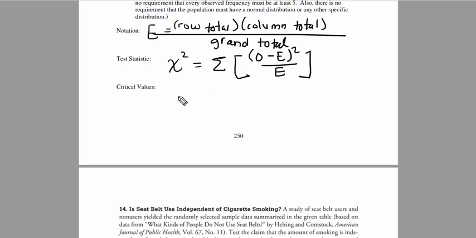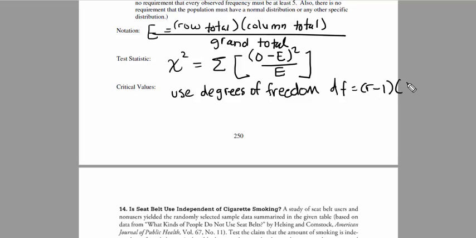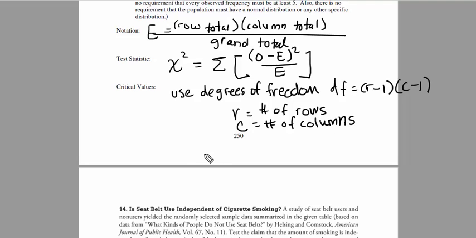And the critical values, you're going to use the degrees of freedom in this case, not k minus 1 like the last section, not n minus 1, but they're going to be r minus 1 times c minus 1, where r is the number of rows in your two-way table or your contingency table, and c is the number of columns in your contingency table.